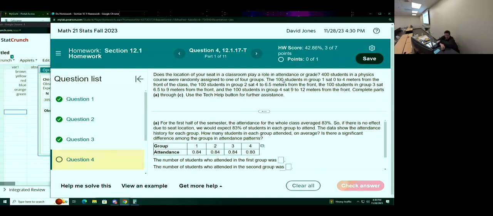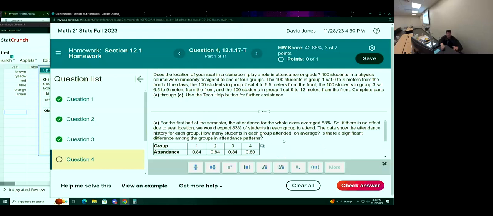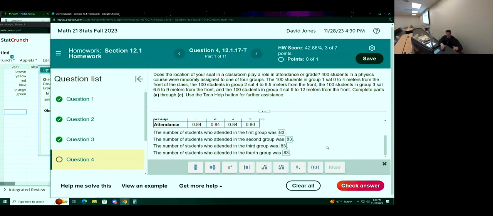We have 100 students in each group. So we're just multiplying 100 by 83%. If it was 83%, then 83 should have shown up for each group.